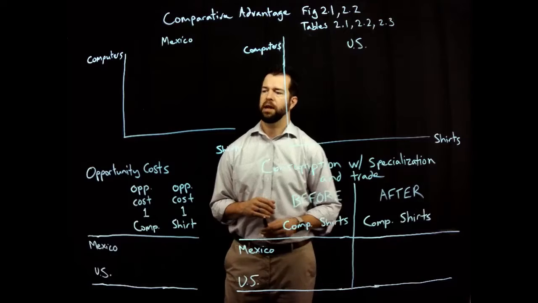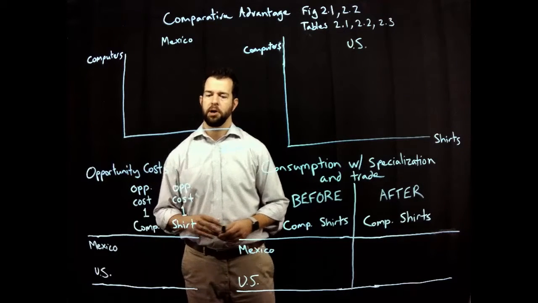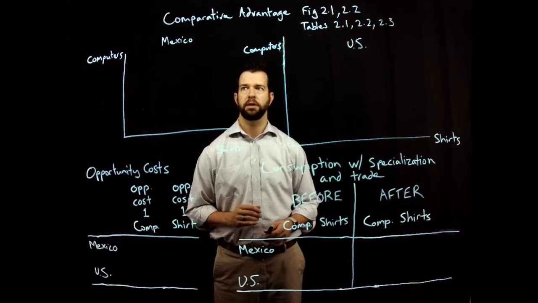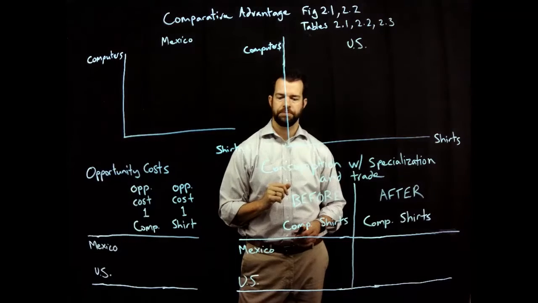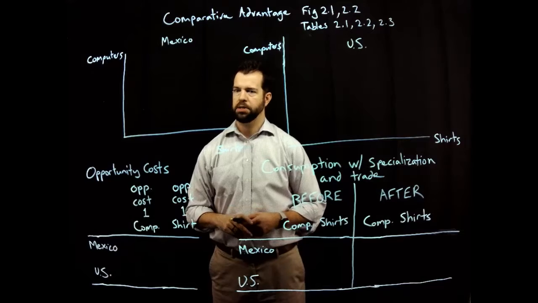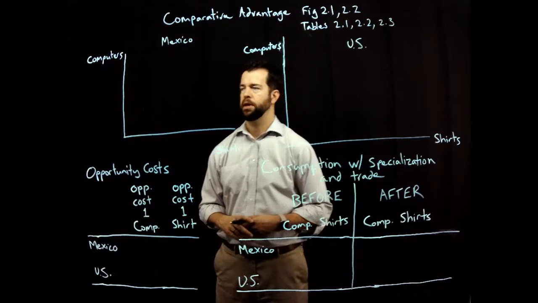What that will give us is a constant opportunity cost associated with the slope of each production possibilities frontier for two countries, Mexico and the US. Now what I want to do is draw these production possibilities frontiers out.